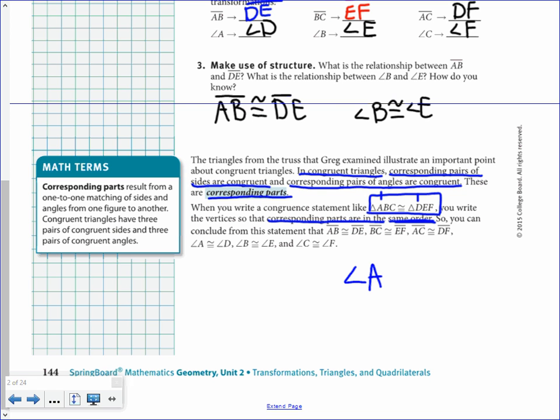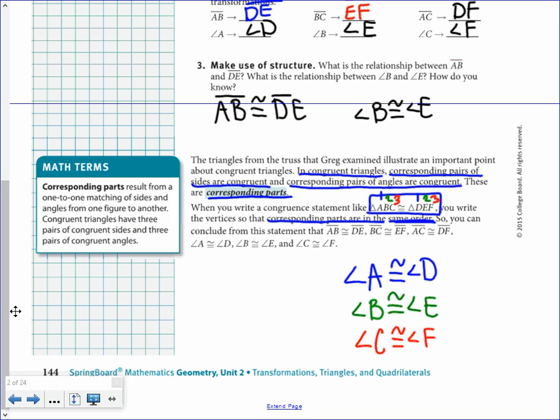That means that angle A must be corresponding to angle D. And since the triangles are congruent, I can say angle A is congruent to angle D. Likewise, B comes second and E comes second. That means angle B and angle E are corresponding because they're in the same order. They're both second in our statement. So angle B must be congruent to angle E because our triangles are congruent. And by the same logic, C and F are the third in line, and so angle C has to be congruent to angle F.